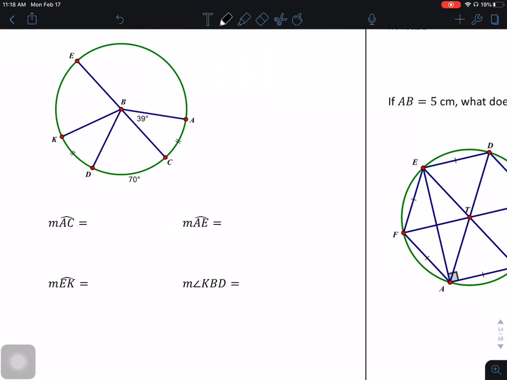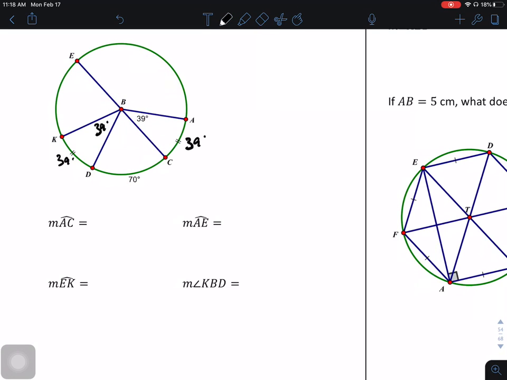This one, all right, let's work through this before we answer the questions. This arc is 2 dashes, and so does this one, which means the central angles have to be the same. That was the theorem we had on the previous slide. Central angle is the same as the intercepted arc, so these are each 39. This is a diameter, which makes this a semicircle.